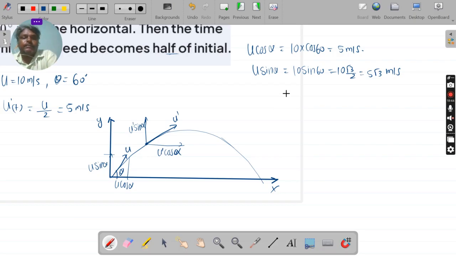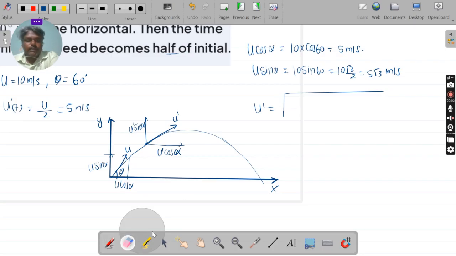So at any time, what is the velocity? U dash is equal to root of... Wait, can we find U dash? Now there is a vertical component velocity, right?